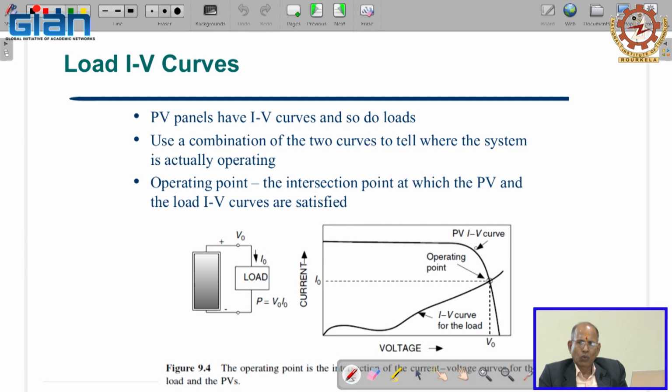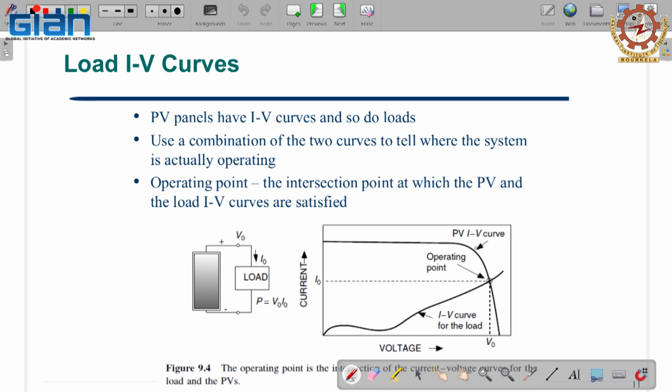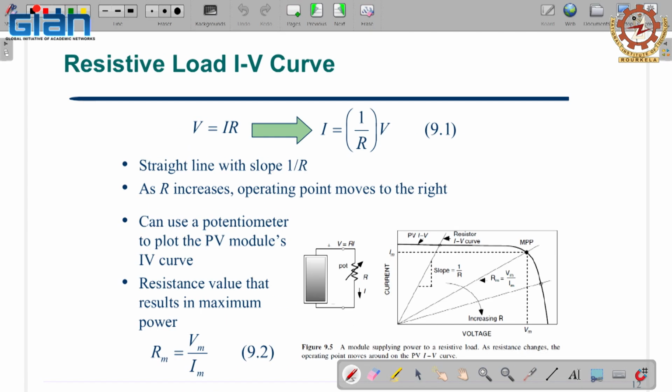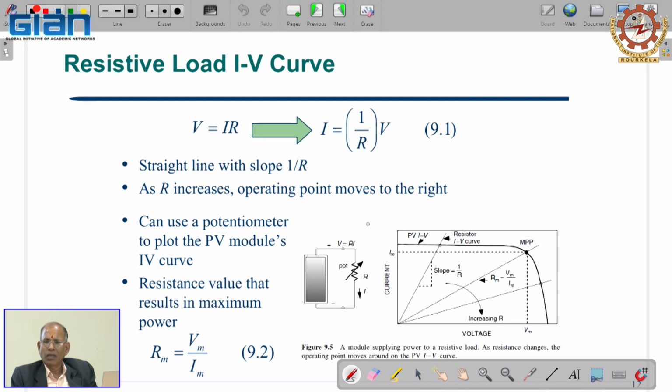Now let us try to understand a little bit the components we are using in PV systems, like the load, different types of load, then the battery storage system. Here, if we have, for example, a resistive load, we can simply do the experiment in the laboratory itself, very simple. You have one or more PV panels, then you have a potentiometer, a rheostat, a variable resistance.